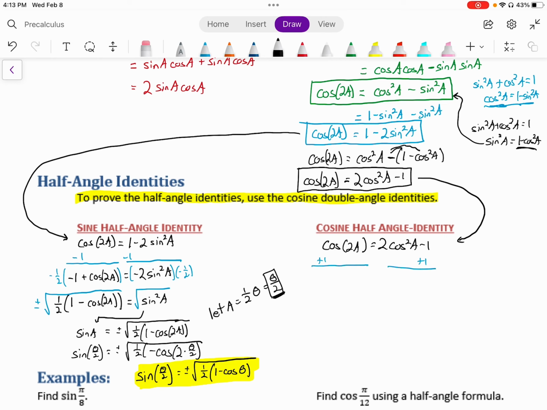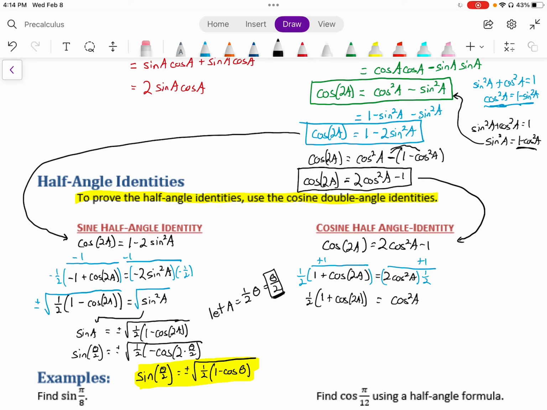And I'm going to put 1 plus cosine of 2a equals 2 cosine squared a. We would then multiply both sides by 1/2. And that is going to give us cosine squared a equals 1/2 times 1 plus cosine of 2a.